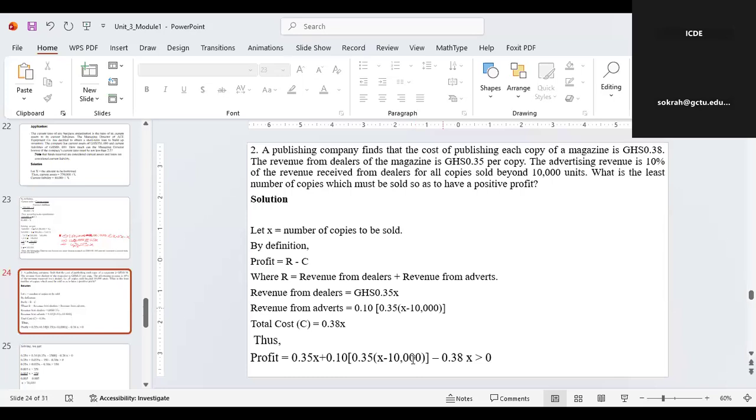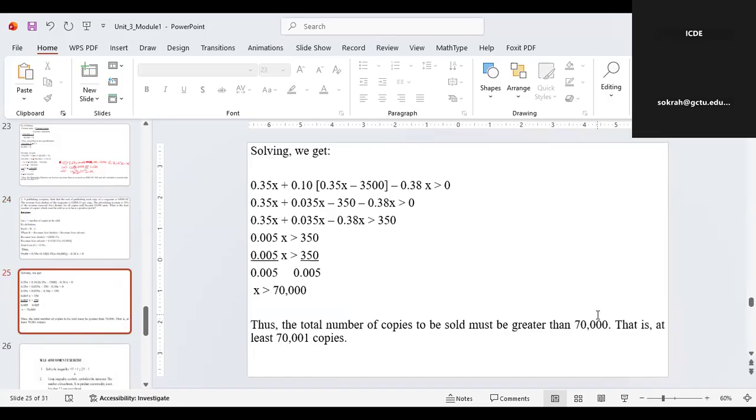Then minus the cost, and the cost is 0.38 times the number of copies. And that should be greater than 0.